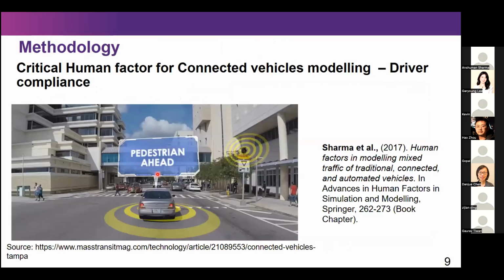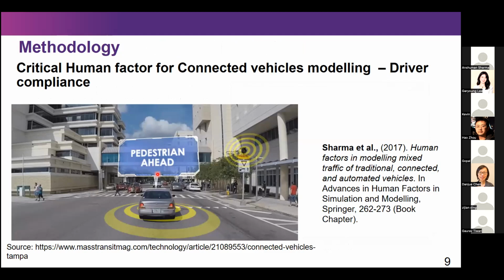So one of the critical human factors for connected vehicle modeling is driver compliance. Why is it critical? In the example shown on the screen, let's say we give advice to the driver that a pedestrian is ahead. Now it's up to the driver whether he accepts that advice and decelerates at that particular time, or he decelerates a bit later.